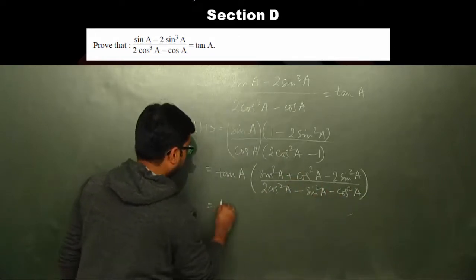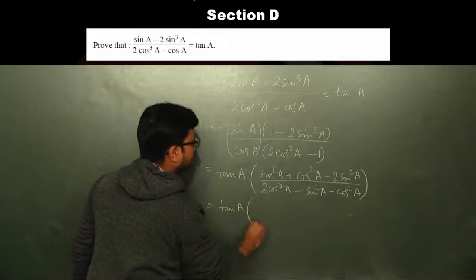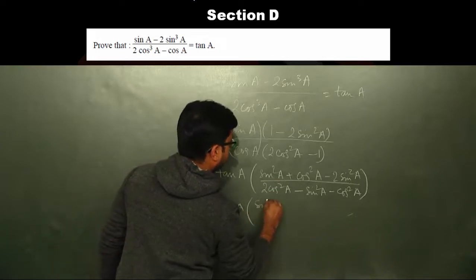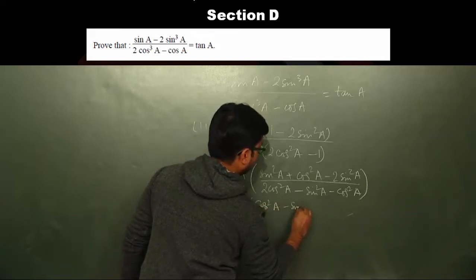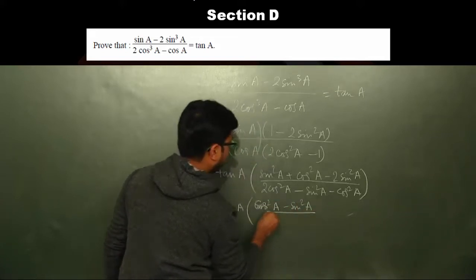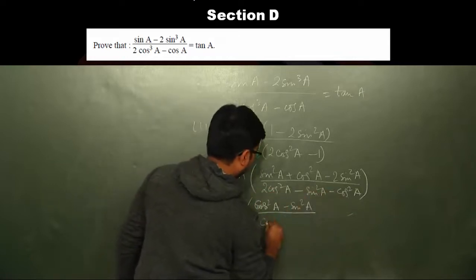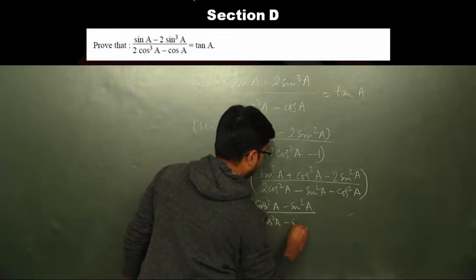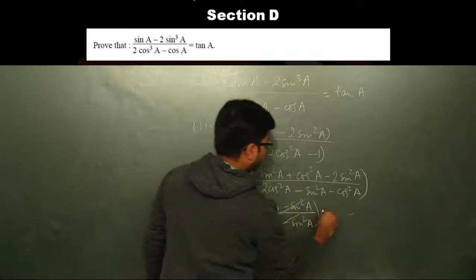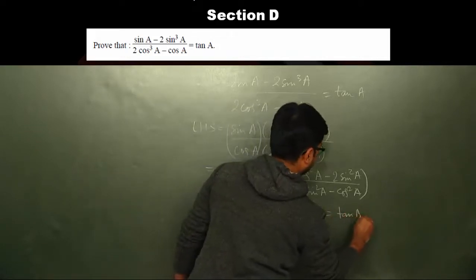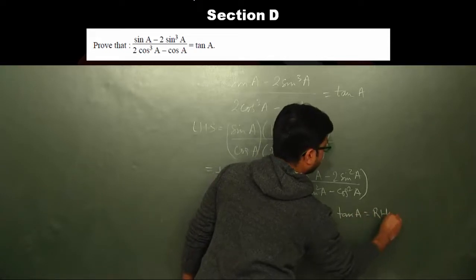And what do you get? Tan A into cos square A minus sine square A in the numerator, and in the denominator you also get cos square A minus sine square A. They cancel out, so you get tan A, which is equal to the right hand side.